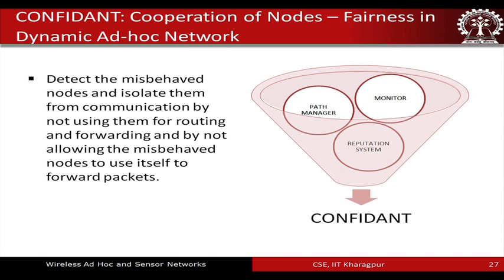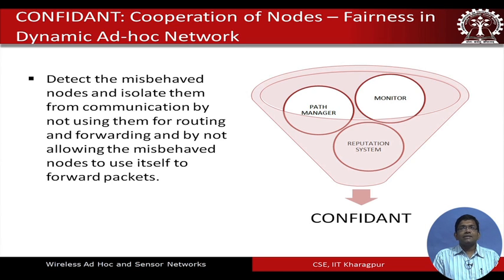So, here in CONFIDANT we have three different components. First the monitor, the second is the reputation system, and the third is the path manager. The monitor is like a watchdog, so it keeps an eye on the behavior of the other nodes in the network.